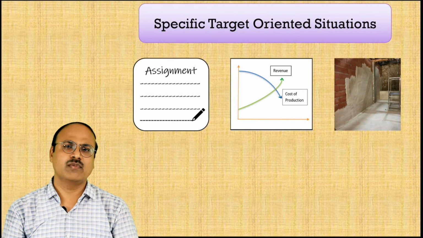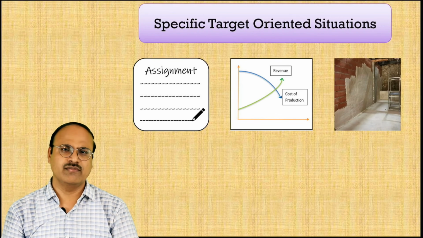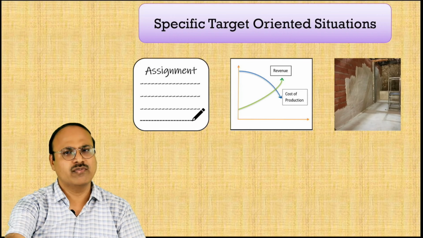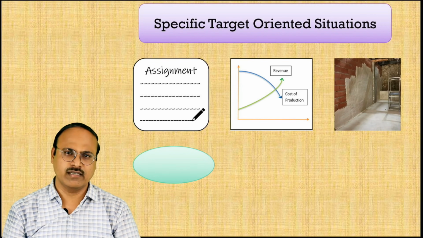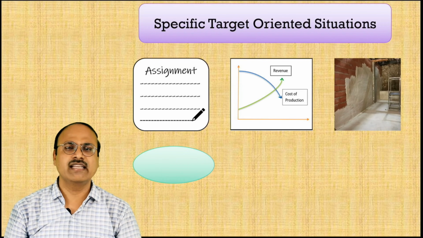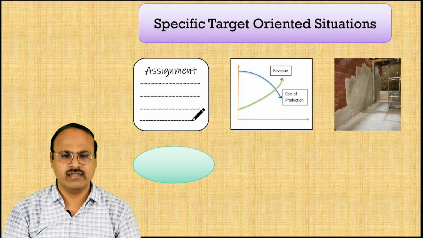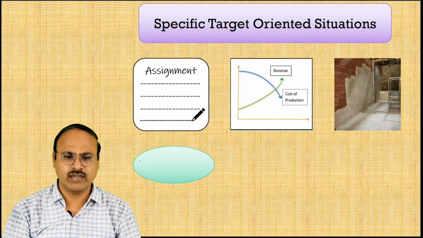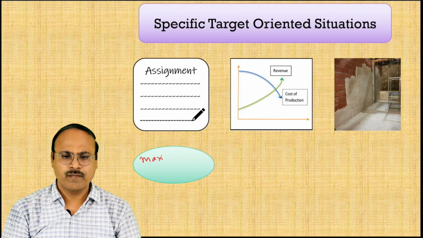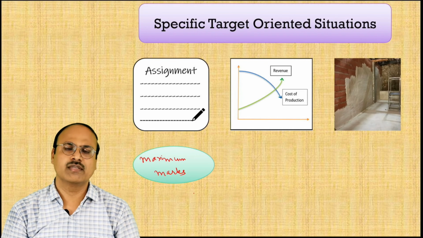There are two things common in all these three examples which we have seen. What is that? The first thing which is common is the objective. When a student is writing the assignment, what can be the objective? The objective can be, for example, to get maximum marks. So this can be one of the objectives.